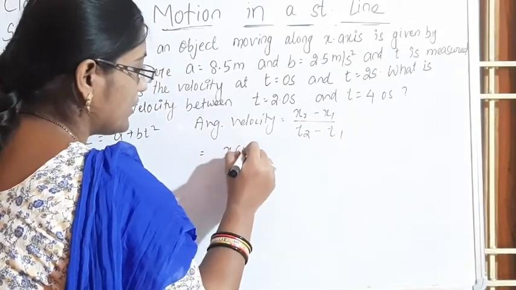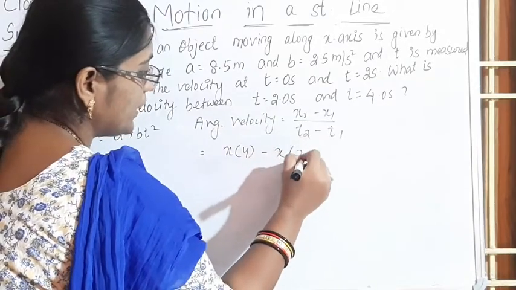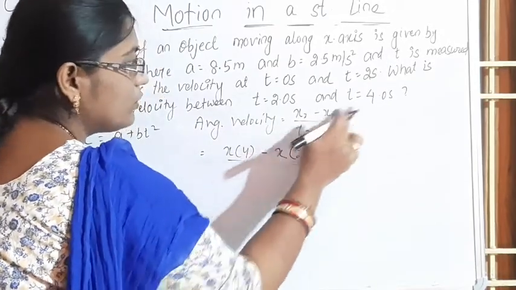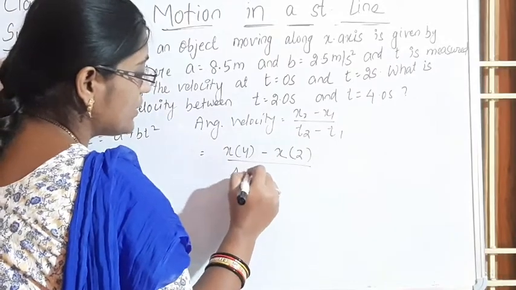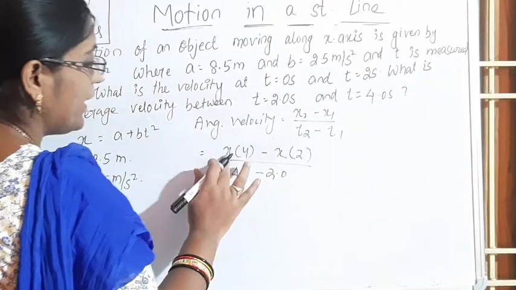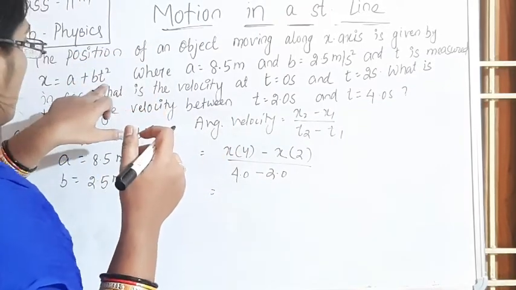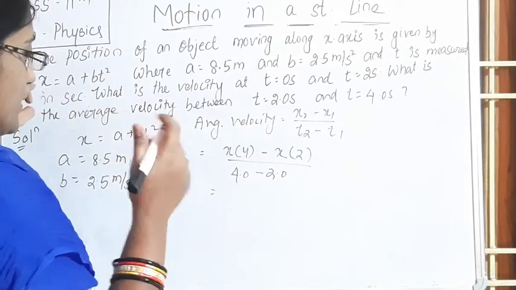So x at 4 seconds minus x at 2 seconds, by t2, that is 4.0, minus t1, that is 2.0. For x at 4, put t equal to 4 in this equation.